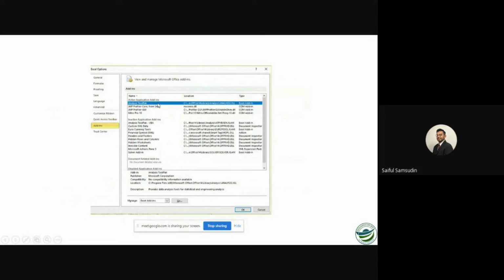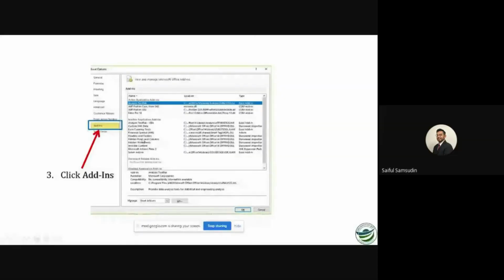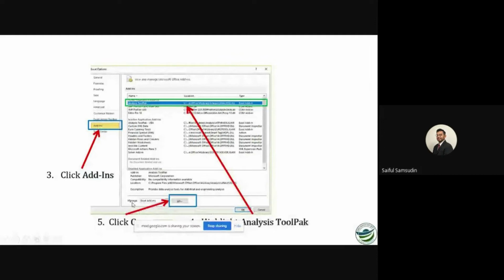I think everyone has the Analysis ToolPak. So, okay, clear here. Clear. Okay, good. So when you click this one, then beside Manage Excel Add-ins, you all click Go.